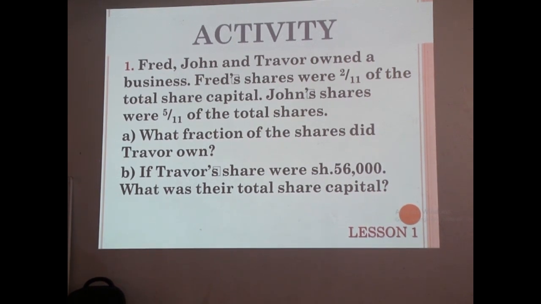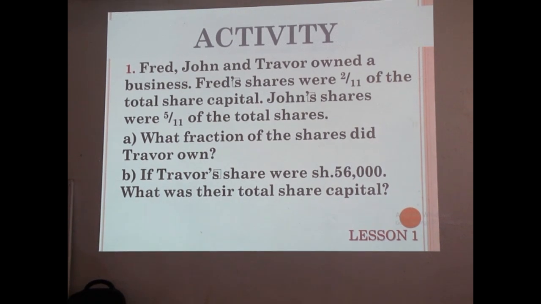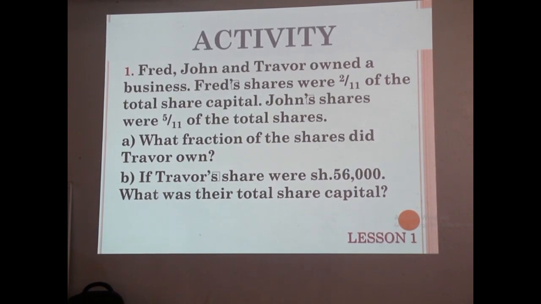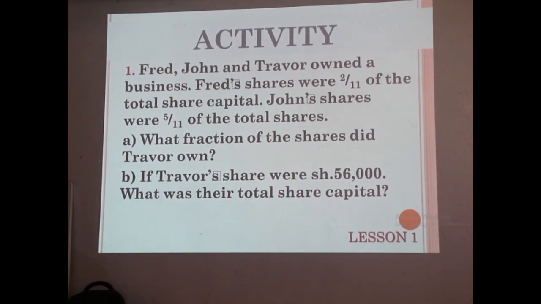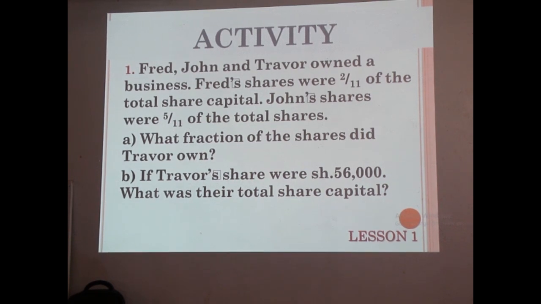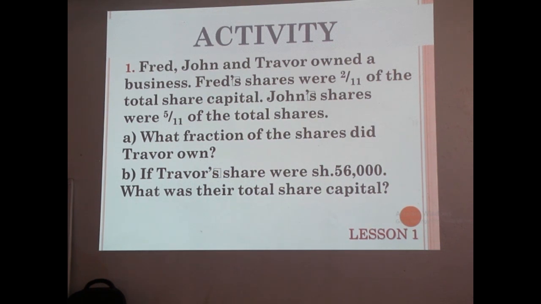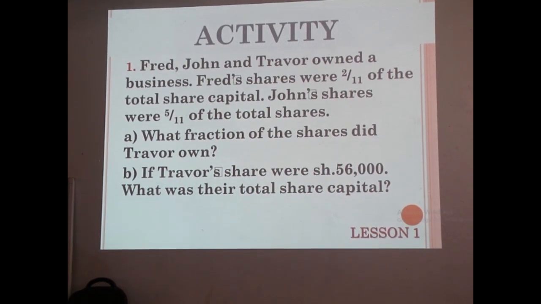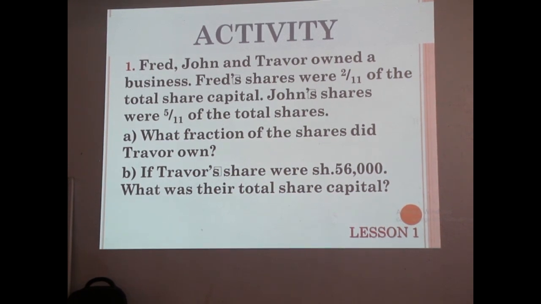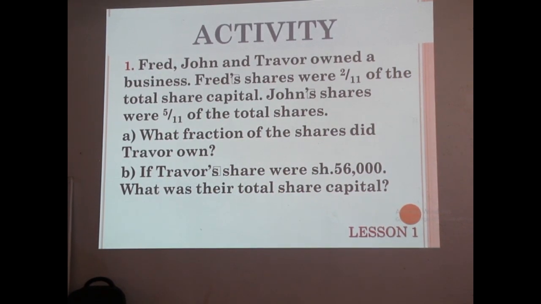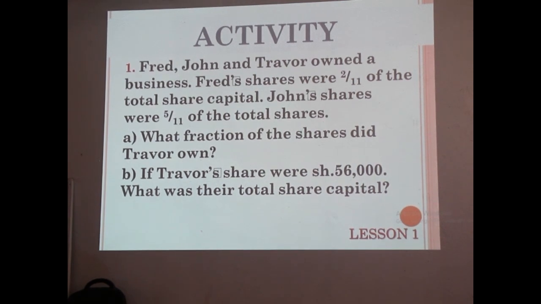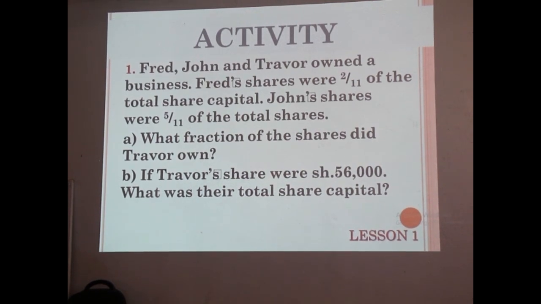John's shares were 5 out of 11 of the total shares. Part A. What fraction of the shares did Trevor own? Then part B. If Trevor's shares were 56,000 shillings, what was their total share capital? So we have to follow the examples and we attempt this question. Thank you so much.